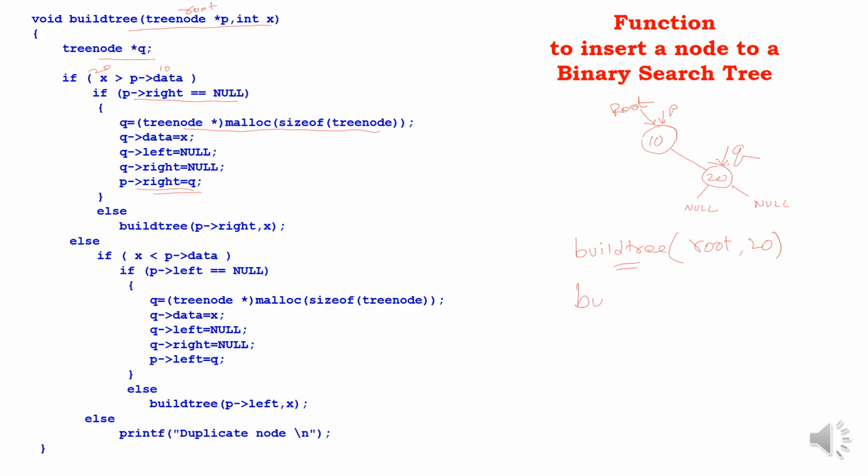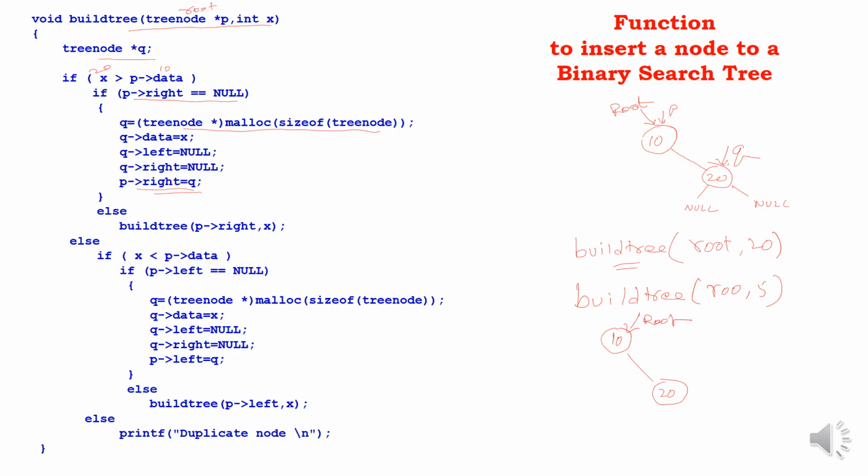Build tree, root comma 5. Again, I'm trying to add a new node to the already existing binary search tree. The tree already contains two nodes, 10 and 20. 10 is the root node.